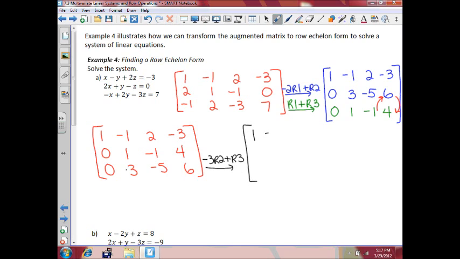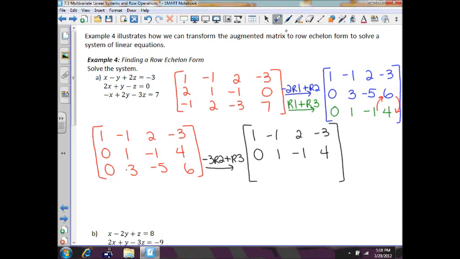Again, my top row is not going to change. My second row is not going to change. My third row does change. 0 times negative 3 plus 0 is still 0. 1 times negative 3 is negative 3, plus 3 is 0. Negative 3 times negative 1 is 3, minus 5 is negative 2. Negative 3 times 4 is negative 12, plus 6 is negative 6.